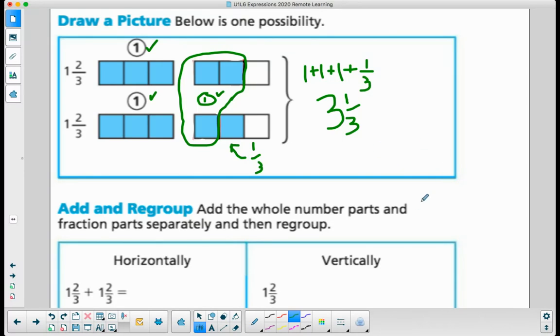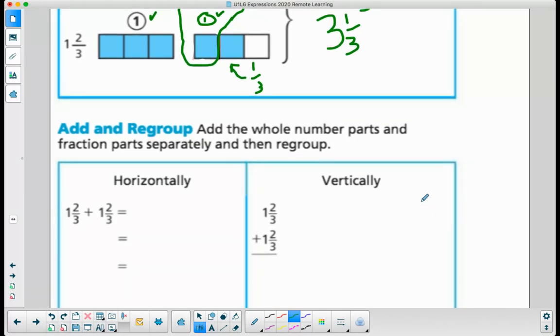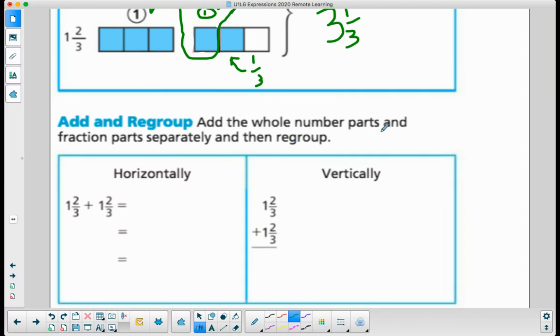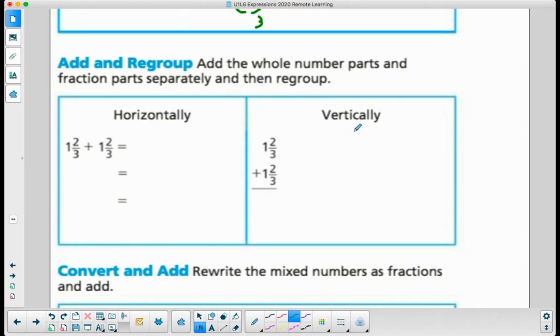Another way a student might do it would be to add the whole number parts and fraction parts separately and then regroup. Say, hey, 1 2/3 plus 1 2/3 can be decomposed. 1 2/3 could be 1 plus 2/3.